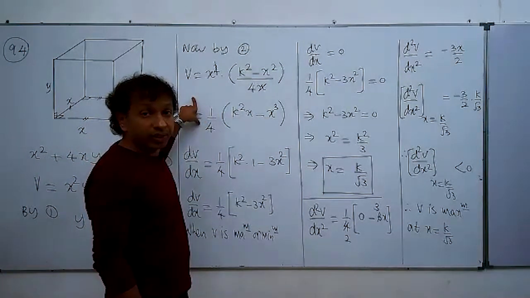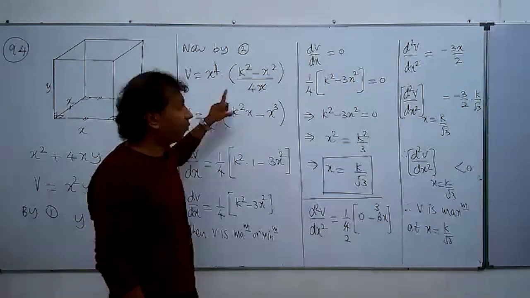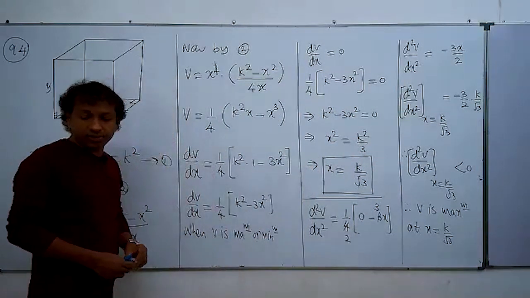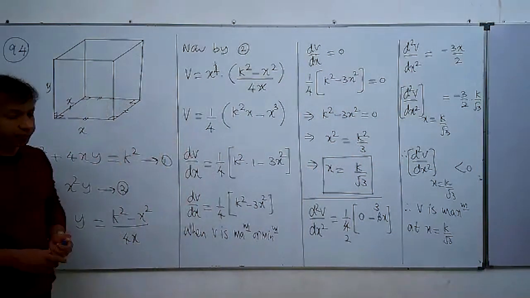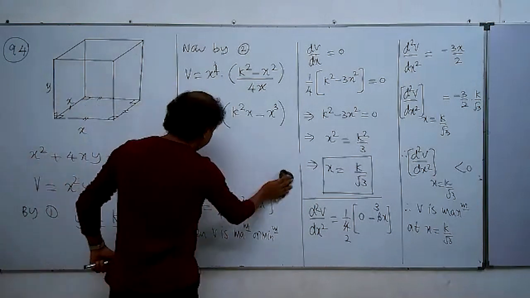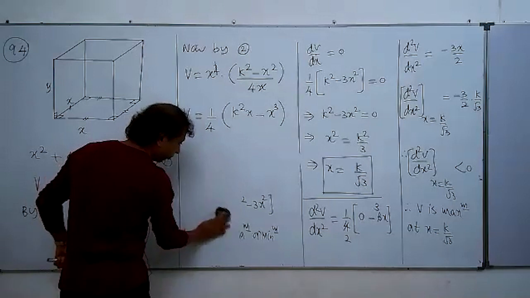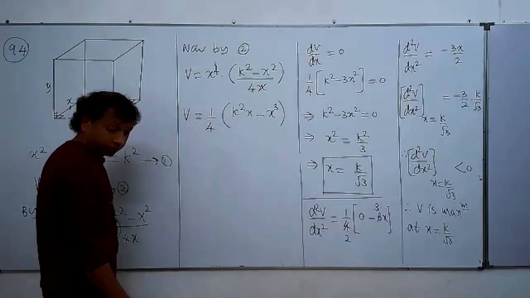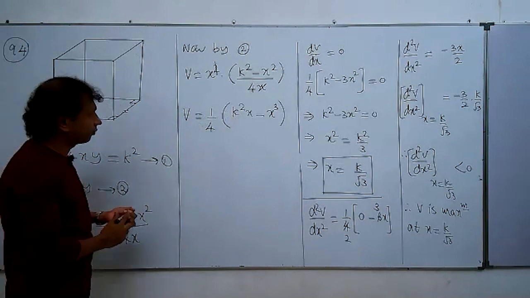That volume will be the maximum volume of the box. Why? We proved that here. Then you can write, therefore, V max, maximum volume.